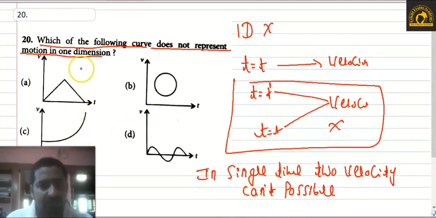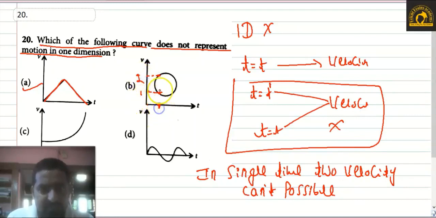Okay, so this is time, this is velocity, linear and decreasing. This is correct. In this time, it shows two readings of velocity. This is the first one, this is the second one.